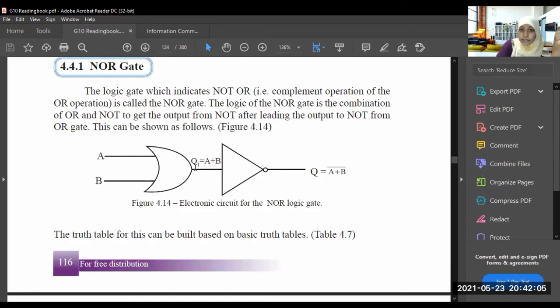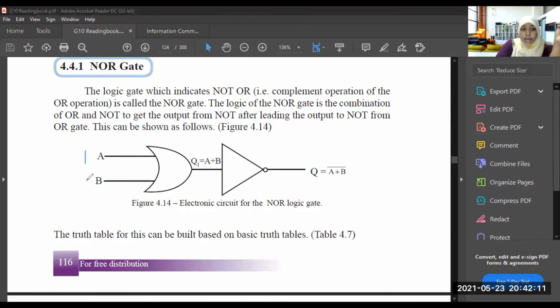Now for an example, we'll say the input A is 1 and the input B is 0. So what should be the output here? This is an OR gate, no? Now tell me what is the output of this gate. Here 1 and 0, 1 or 0, 1. So 1 is enough. OR gate, not AND gate.